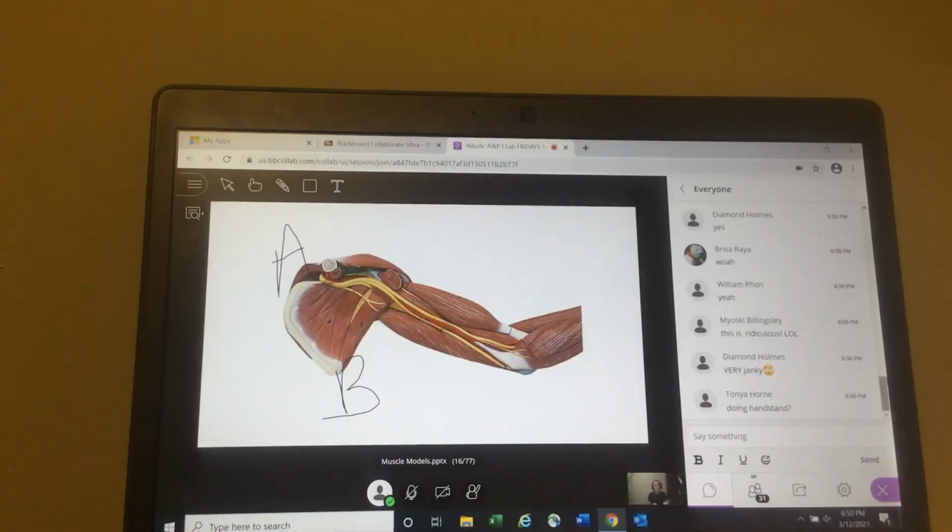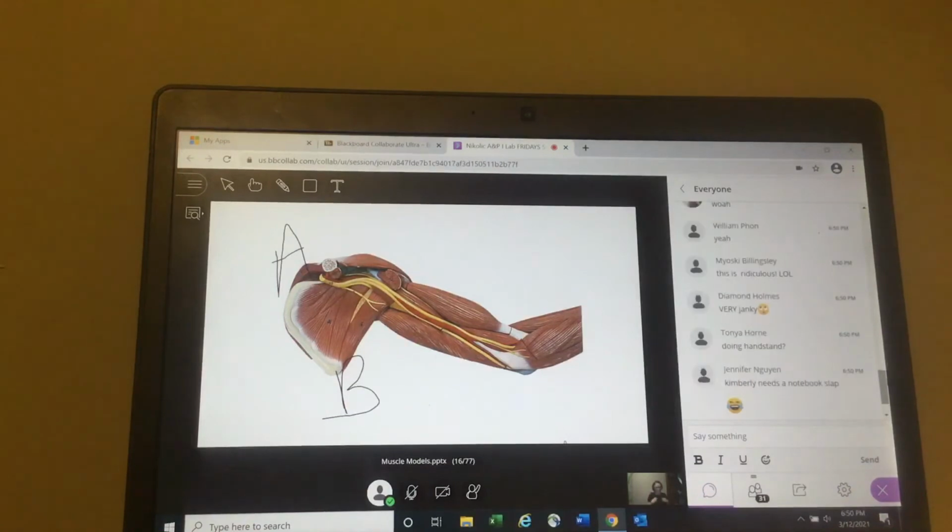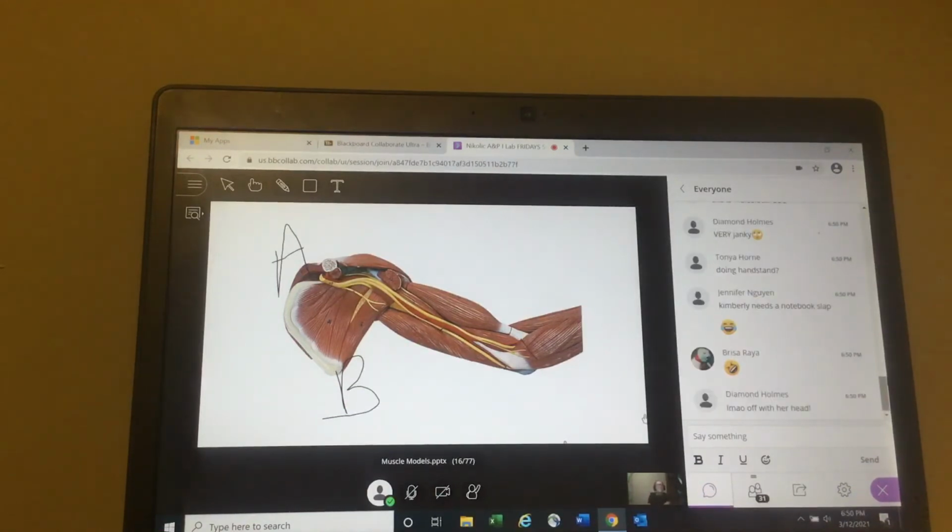Yeah, exactly. It's not even doing a handstand. It's holding up its hand like it's asking a question. I know. Oh, no, Kimberly didn't do it. Kimberly's so sweet. No, we can never slap Kimberly. Kimberly's off limits, people. No slapping Kimberly. We can slap the model maker, but not Kimberly.